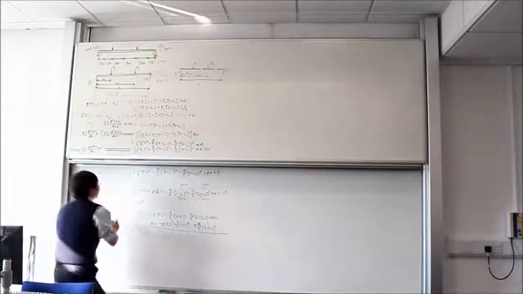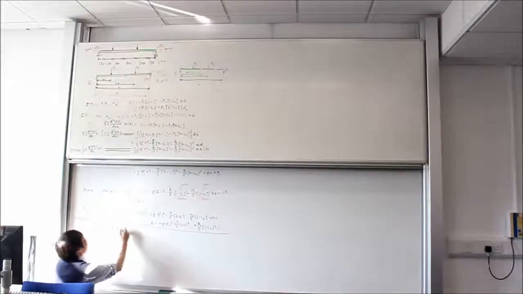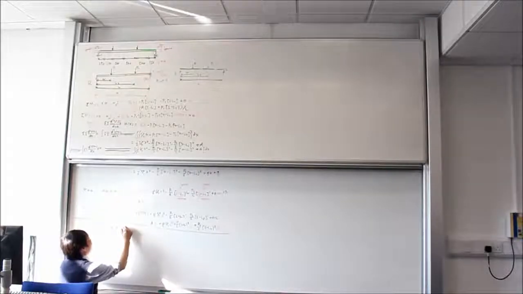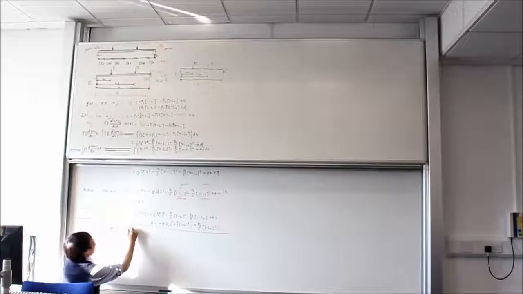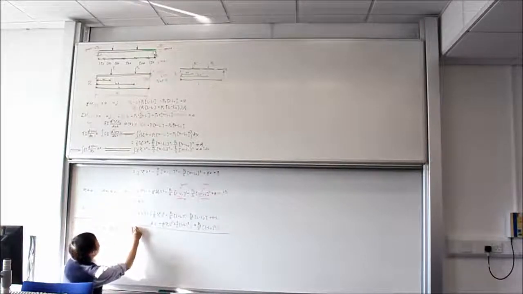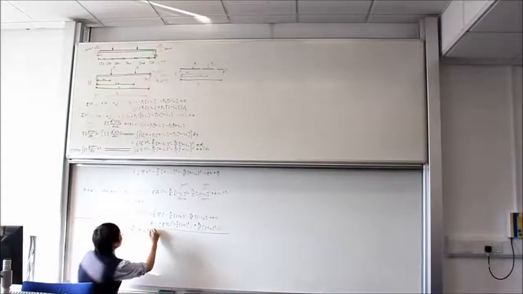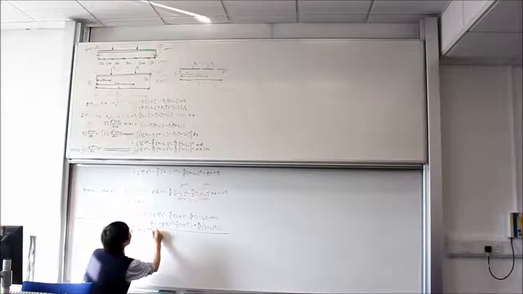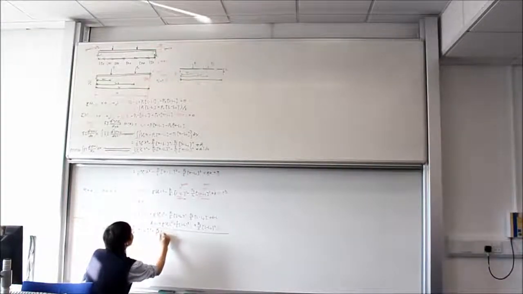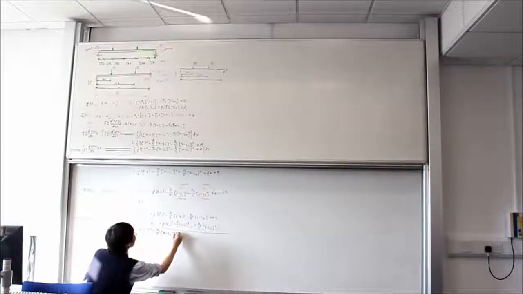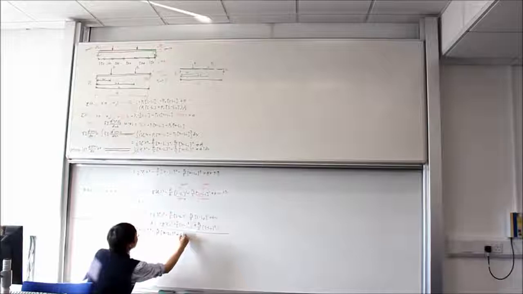So you got this VL times x to the power of 3, minus P1/6 times x minus L1 cubic, plus P2/6 times x minus L2 cubic, plus AX.